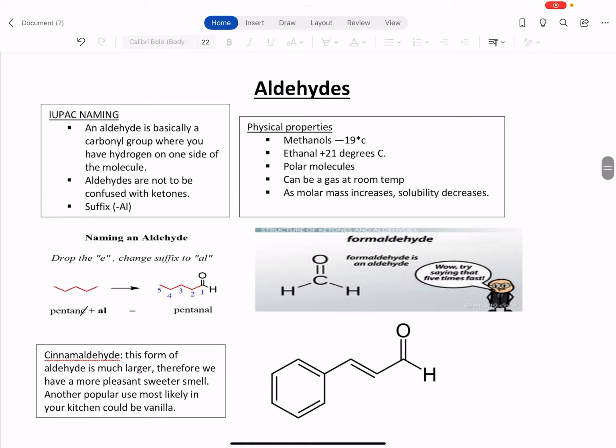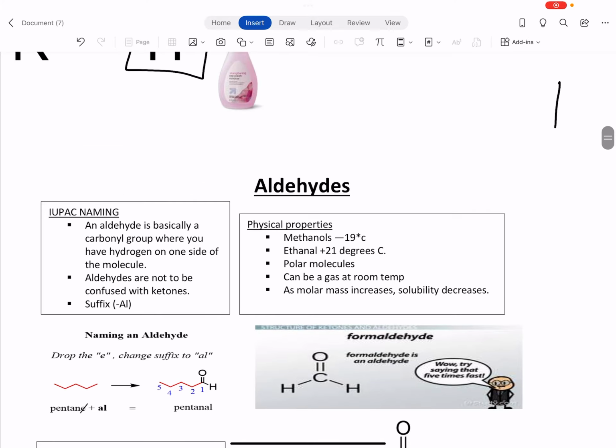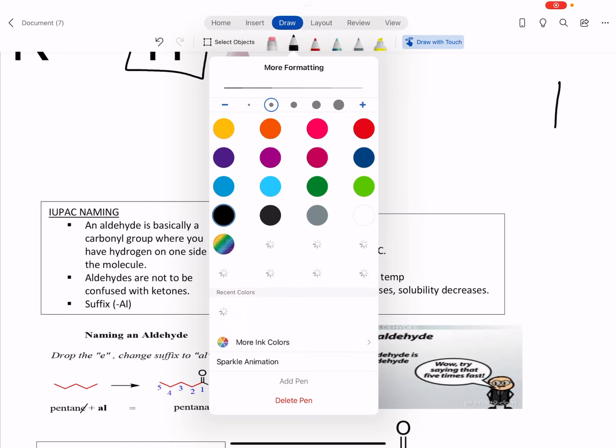Naming an aldehyde is, like I said before, basically adding in a hydrogen to the carbonyl group on one side of the molecule. When we add this hydrogen, we change the name with the suffix -al. So we can easily draw this out.